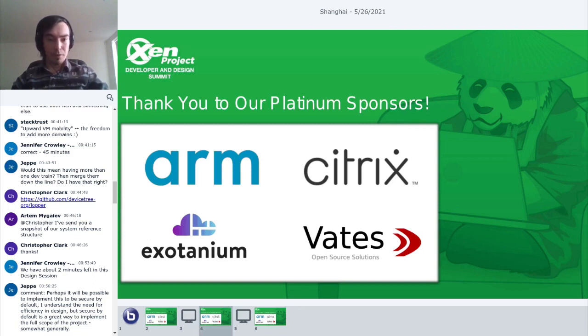Because Citrix Hypervisor is primarily the VDI platform, we are especially interested in running Windows as a guest. So in Windows for quite a while, there was a push for features like virtualization-based security, like device guard, credential guard, all of this.